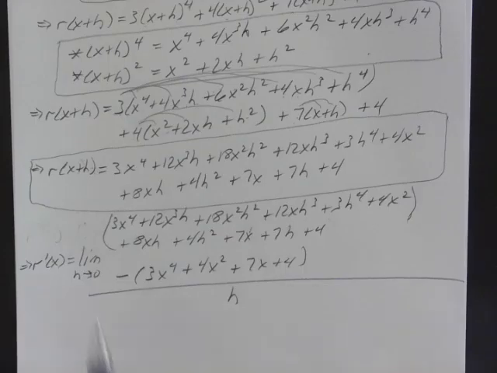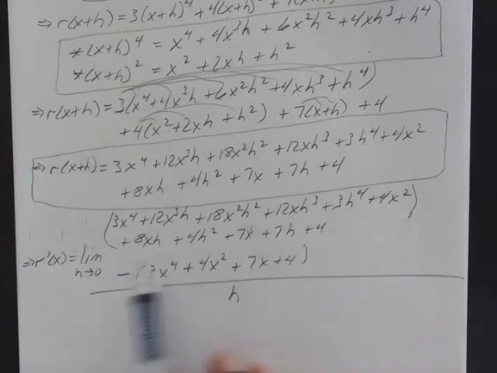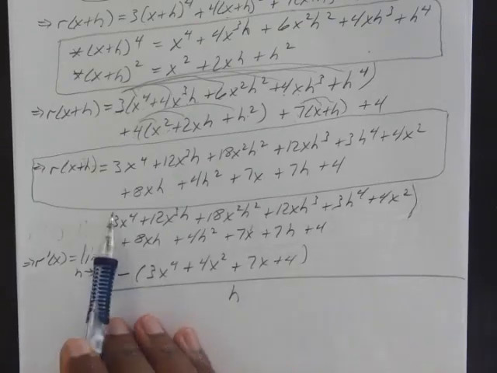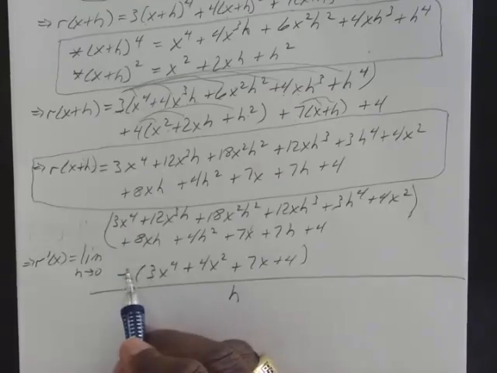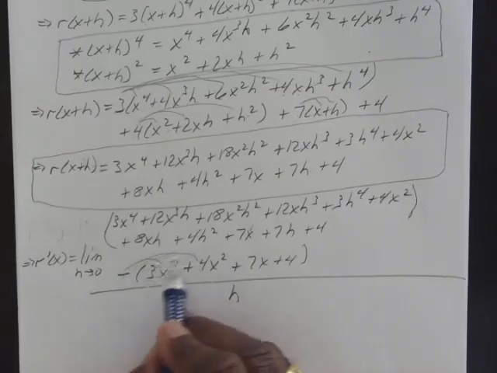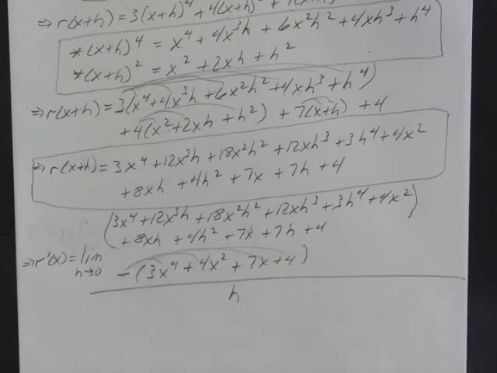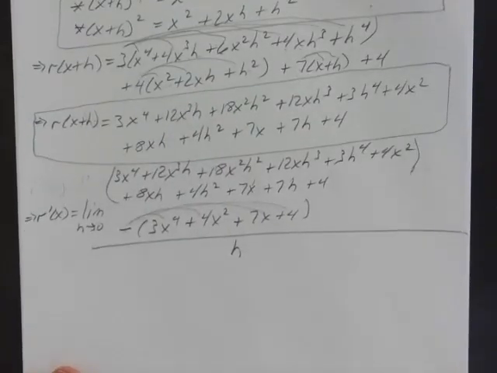Okay. So now we know that this lengthy polynomial is positive, so we can drop the parentheses. But with this minus, you just have to distribute that to each of those terms.